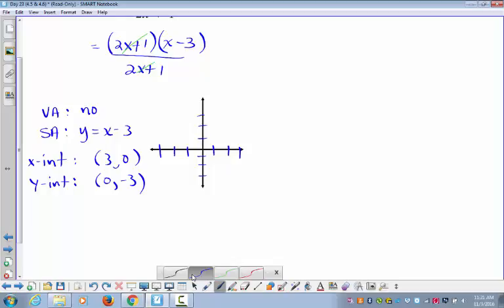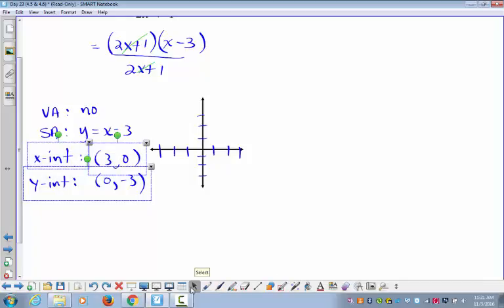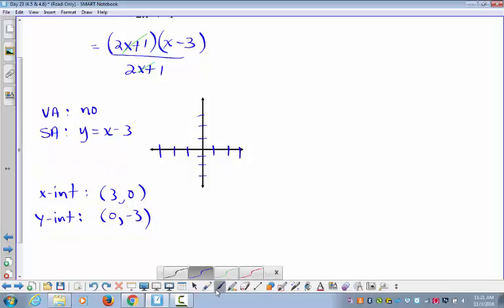The only problem is that we have a hole. Oh, and I didn't write hole down over here. Let's write the hole down. Usually we write it right in between the intercepts and the asymptotes. So the hole was at negative 1/2. Now we have to find the y-coordinate of the hole.